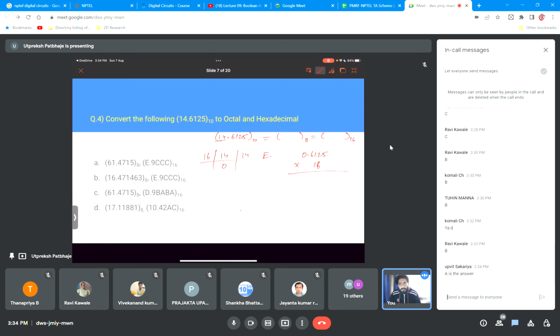Some of you got A. I hope you didn't get A. Try to solve it again. So here 9 will come and the remaining 0.830 will again be multiplied with 16.